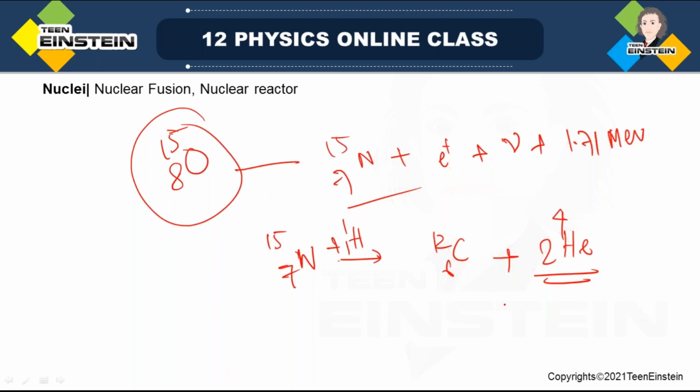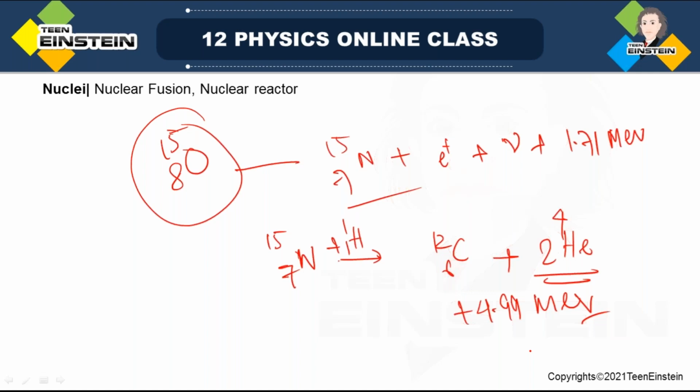At this stage the helium is produced, plus 4.99 or 5 MeV energy will be released. So this is the final step of the reaction.